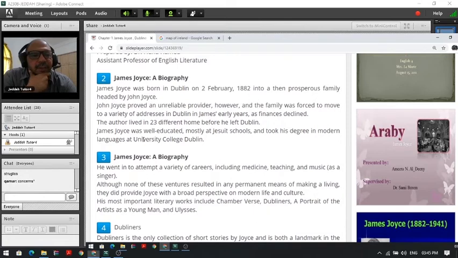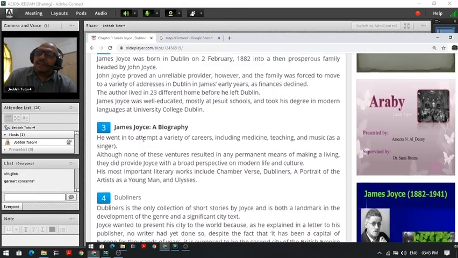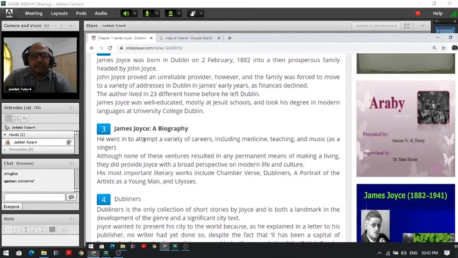So this 23 figure tells you how much the family fortunes have dwindled. James Joyce himself was well educated. He used to frequent Jesuit schools, and these are schools that are religious for the most part.